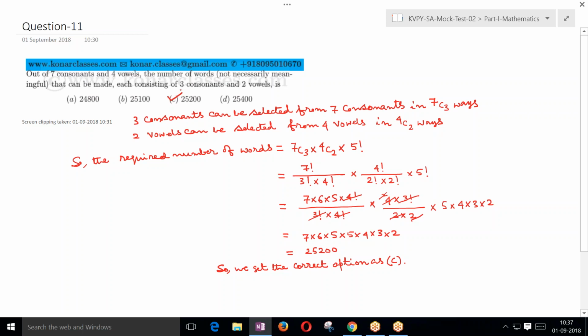Now, out of that, you take one word, it contains 5 letters. Those 5 letters can be interchanged among themselves, right? That's why 5 factorial is coming into the picture.